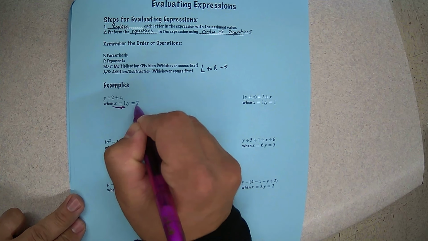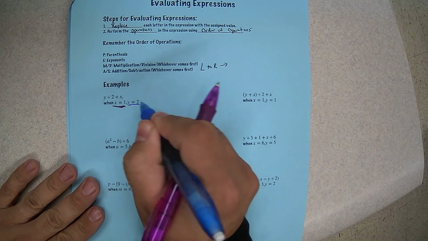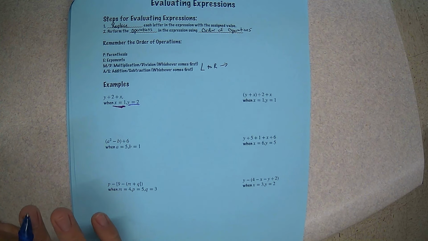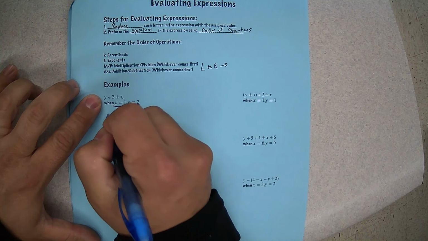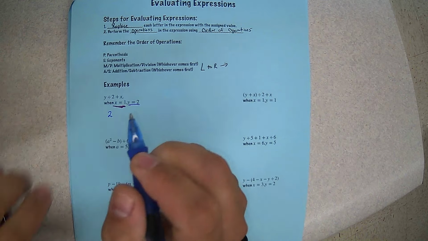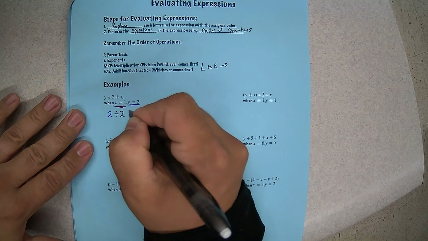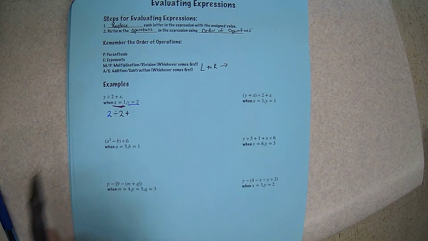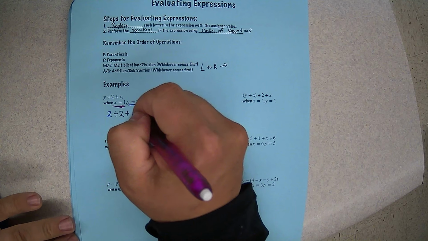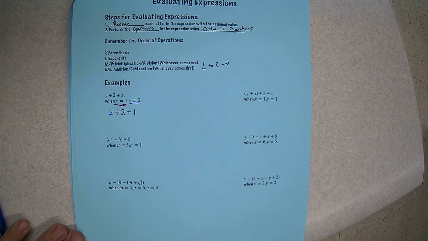I'm going to underline this one a pinkish color, and that one blue. So y is 2, plug that in, divided by 2 plus x, which x is 1. Our problem really is just 2 divided by 2 plus 1.